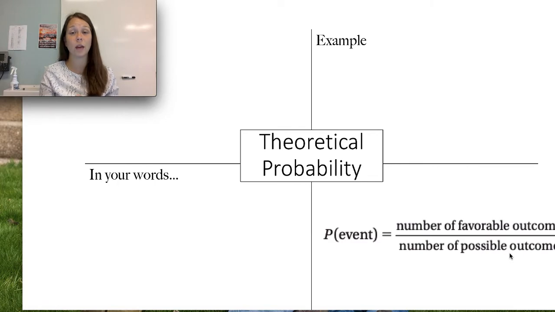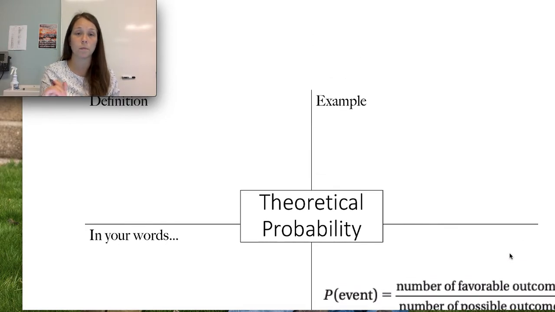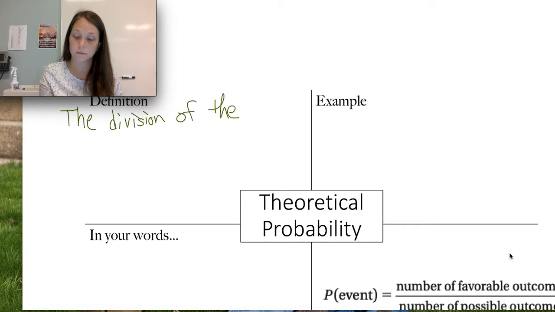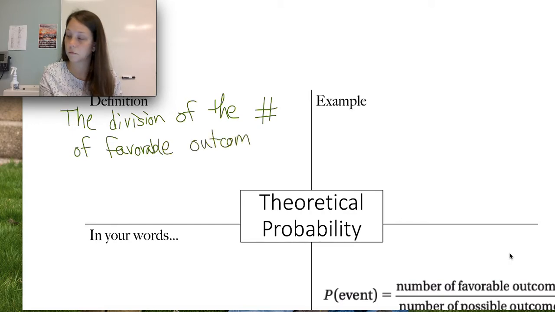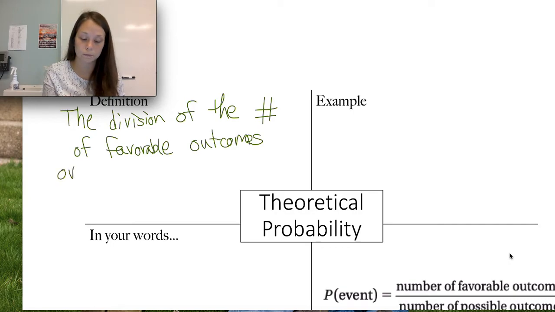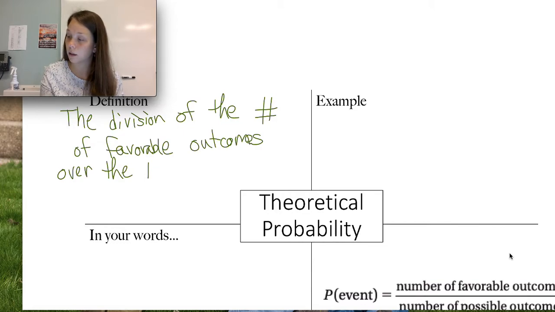The only other definition we have for today is for theoretical probability. So the definition of theoretical probability is the division of the number of favorable outcomes over the total number of possible outcomes.